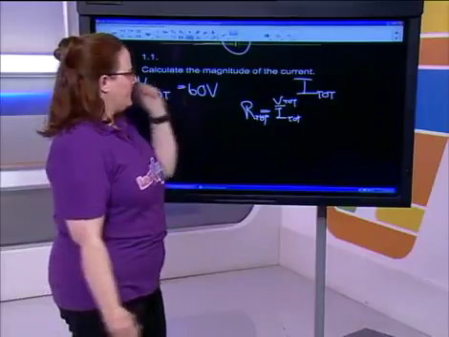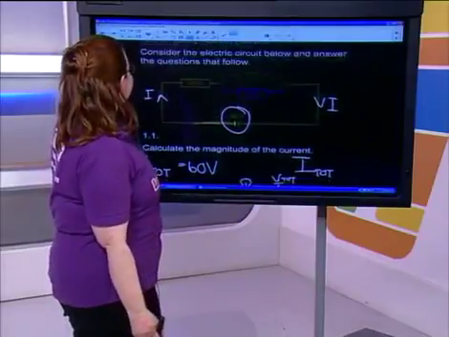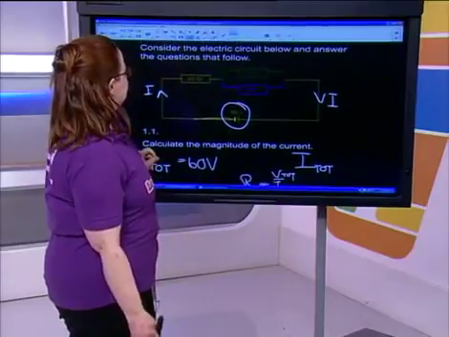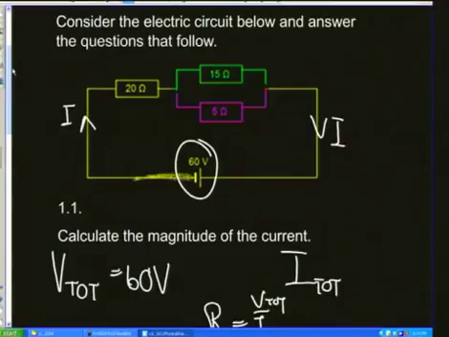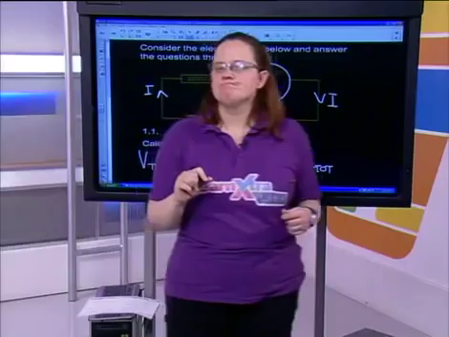Okay? I'm going to need total resistance. So now we go, okay, can't just add them all together. Why? Because I have a parallel section. So what I actually need to do is I need to work out what my R parallel is, okay?